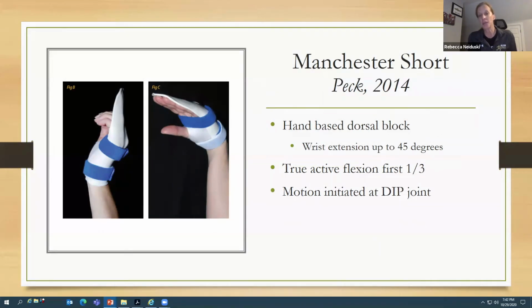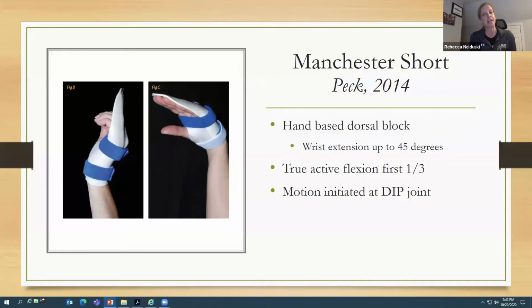Fiona Peck in the UK in 2014 published an article about the Manchester short splint. And this is a very progressive idea, certainly, that you would have a splint that was hand-based only, allowing up to 45 degrees of wrist extension. This idea of 45 degrees of wrist extension is aligned with early work in the 1980s around minimal active muscle tendon tension, or the optimal position that decreases the antagonistic pull of the extensors on the action of the flexors.